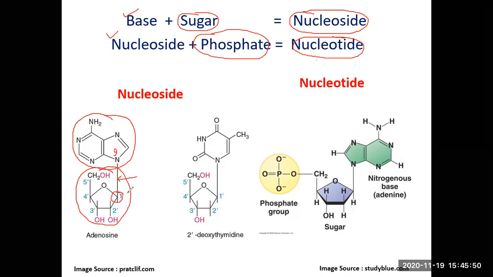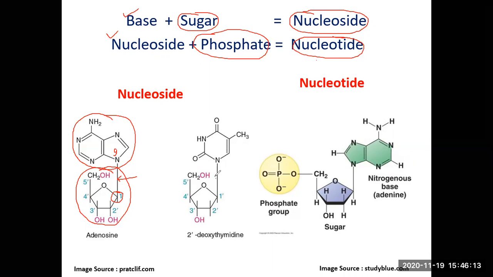This is carbon number 1 of the sugar. So that glycosidic bond, which is in beta configuration, it is an N-glycosidic bond, formed between N9 of the purine base and C1 of the ribose sugar. So these 2, nitrogen base and sugar, combined, you get a nucleoside.